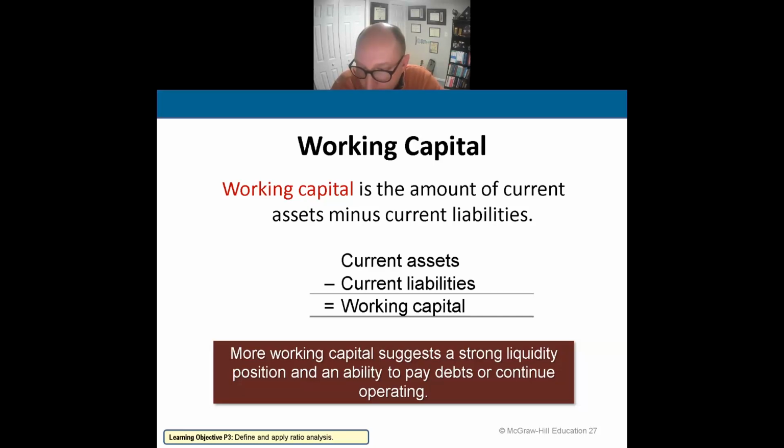Current liabilities are the liabilities that I need to pay within 12 months or less. That would include things like accounts payable, wages payable, taxes payable, and other short-term liabilities. So current assets minus current liabilities equals working capital. You find current assets and current liabilities, of course, on your balance sheet.